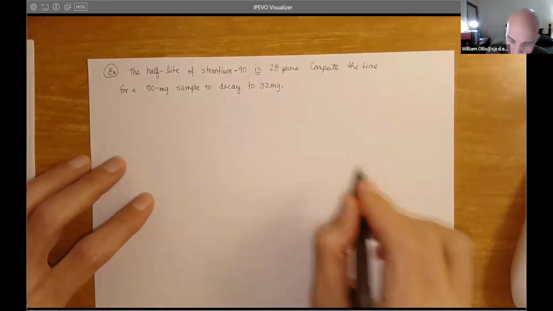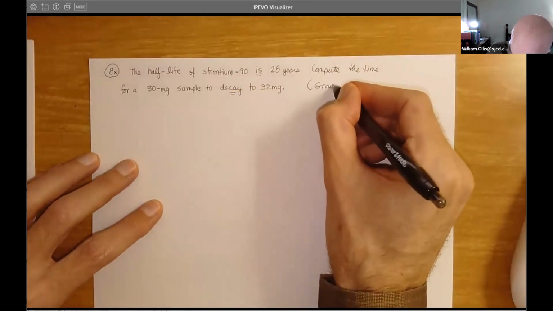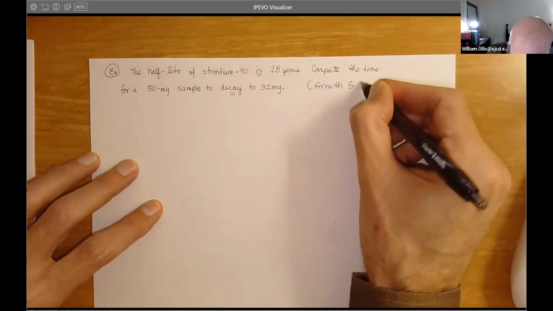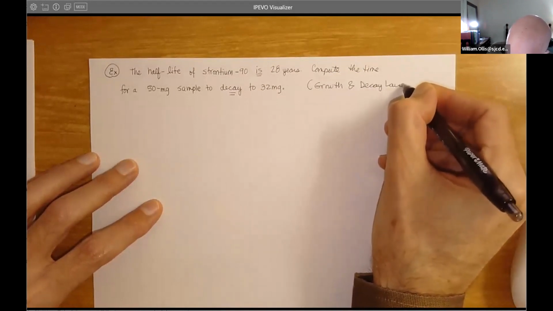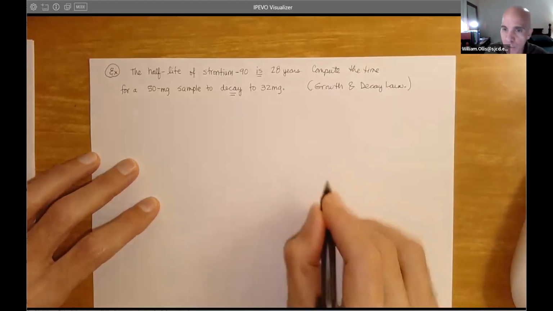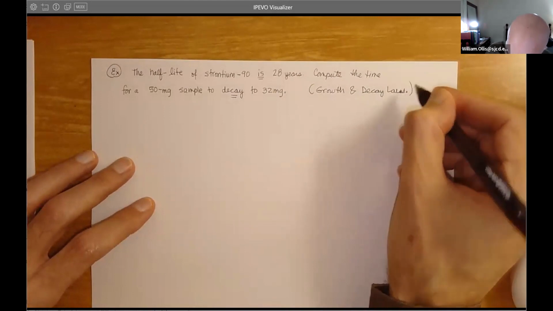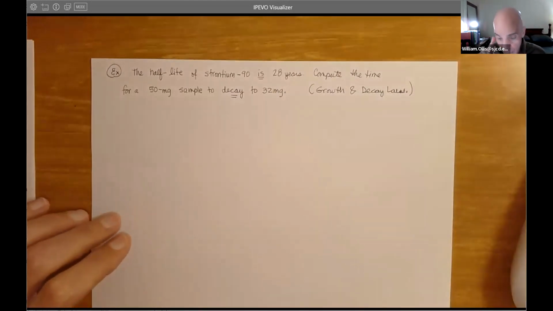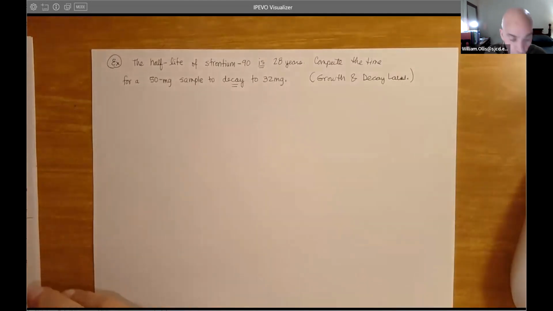So again, when you see the decay, you think growth and decay law. There's no question. You don't have to come up with a new formula or something like this. I don't want you to just sit there and think, well, what do I do? Just again, look for the key words.